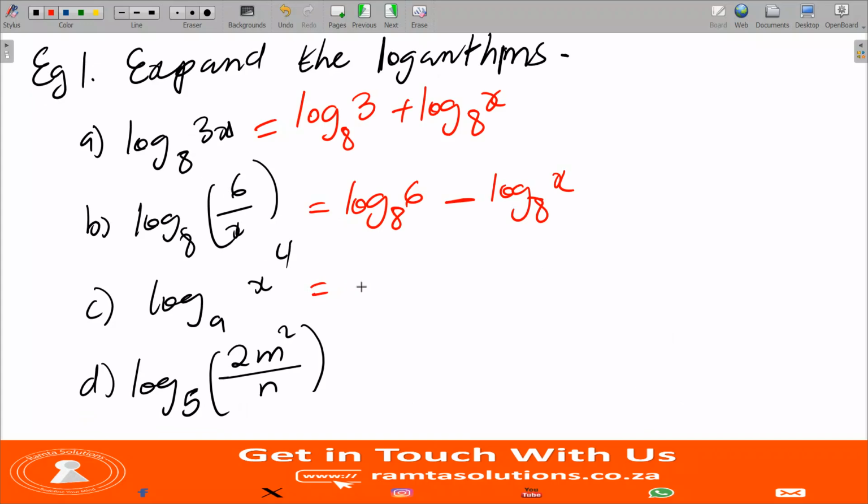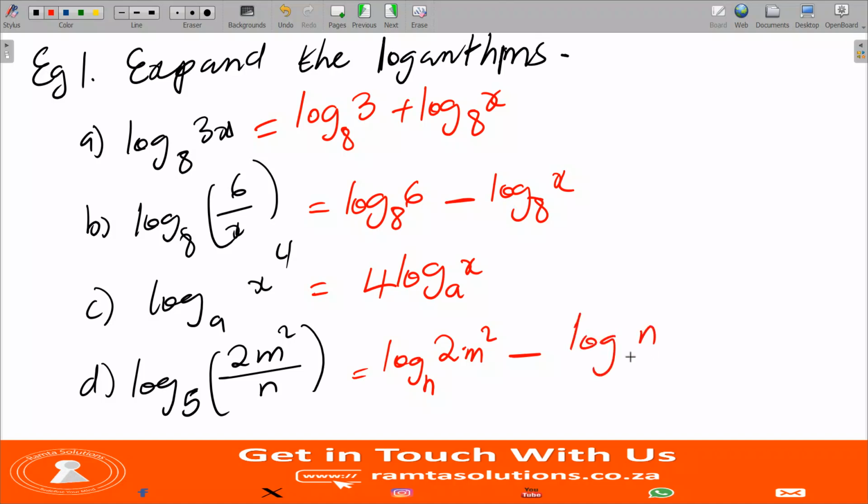Let's look at number C. It seems like it is rule 3, so it must be 4 log x base a. Isn't it? D looks like it'll be log 2m squared base 5 minus log n base 5. Sorry, base 5, not base n.